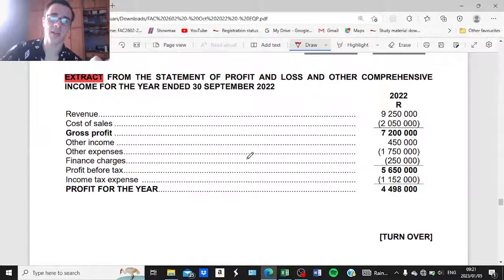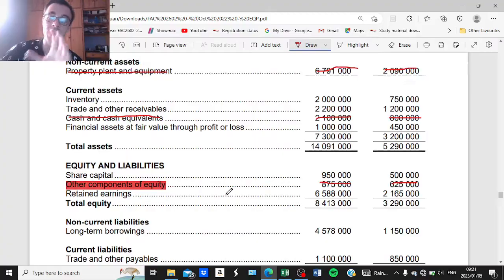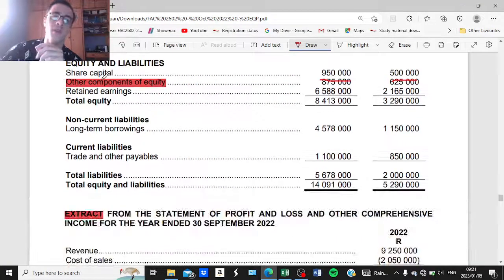The second place that we look is the statement of profit or loss and other comprehensive income.